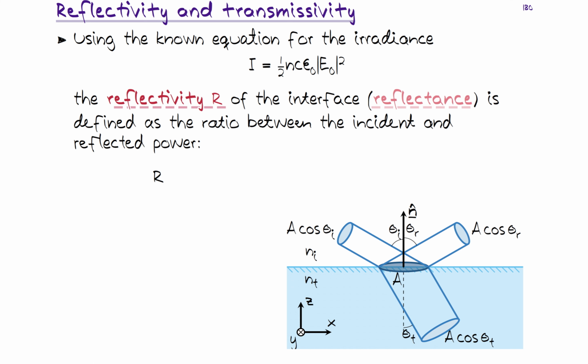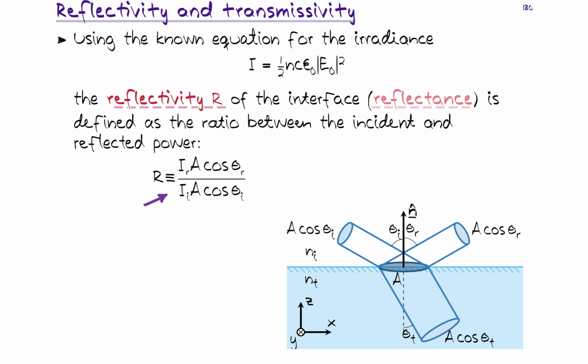Similar to the small r, the Fresnel coefficient for reflection, we can now define reflectivity, capital R, as a ratio of how much power is being reflected, IR times A times cosine of theta R, divided by how much power is being incident on this given plane of interest.